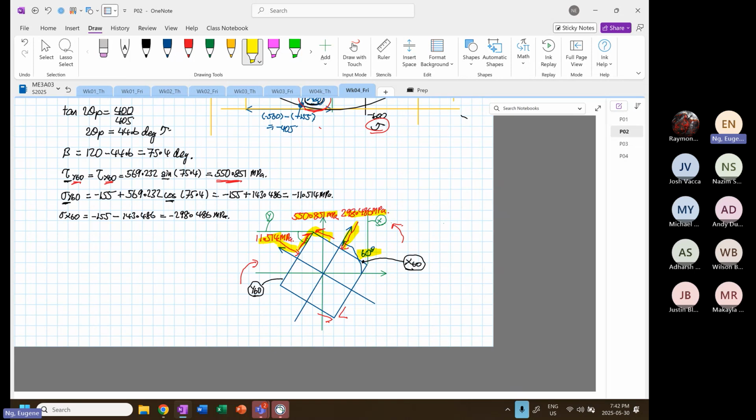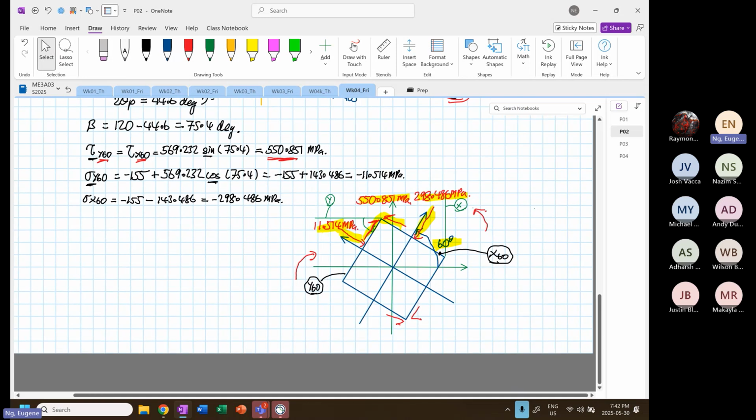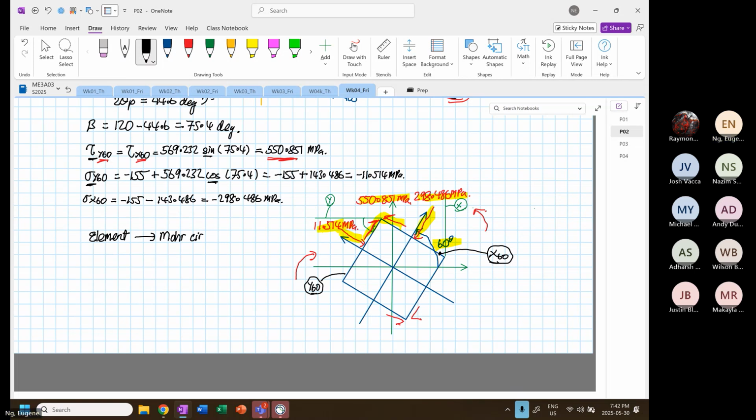Okay. So what we have learned so far is that all of you were able to go from the element, and then from the element you know how to do your Mohr circle, and from your Mohr circle you can bring it back into the what? Into the element, and the element is the real world, right? Like what I drew on the chalk yesterday.